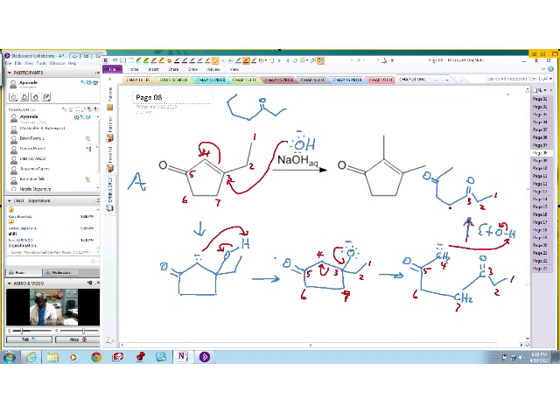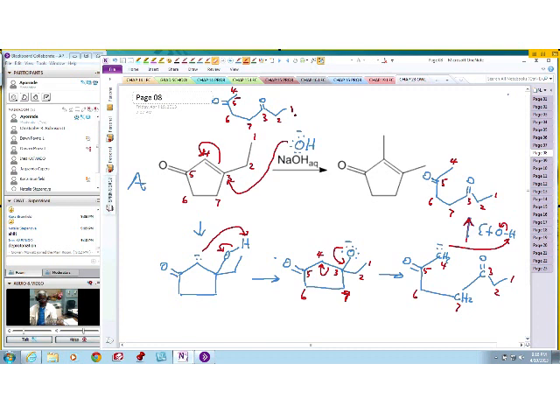This was our carbon 7, carbon 6, and this is our carbon 5 and our carbon 4. Okay, the same thing right here: 4, 5, 6, 7, 3, 2, and 1.